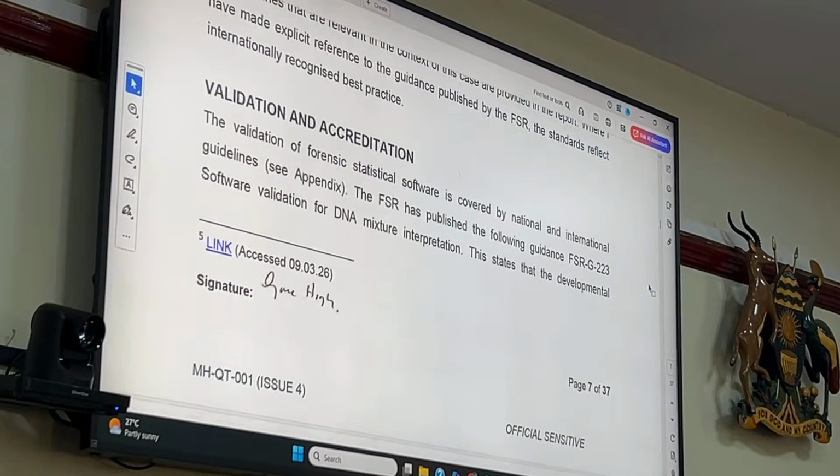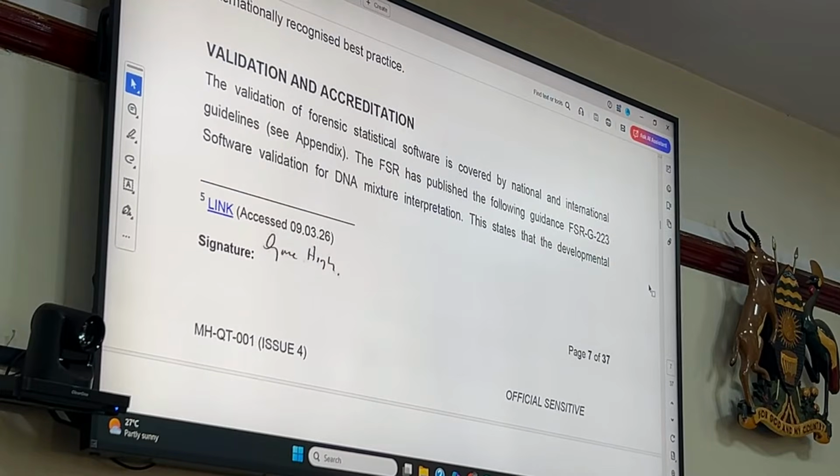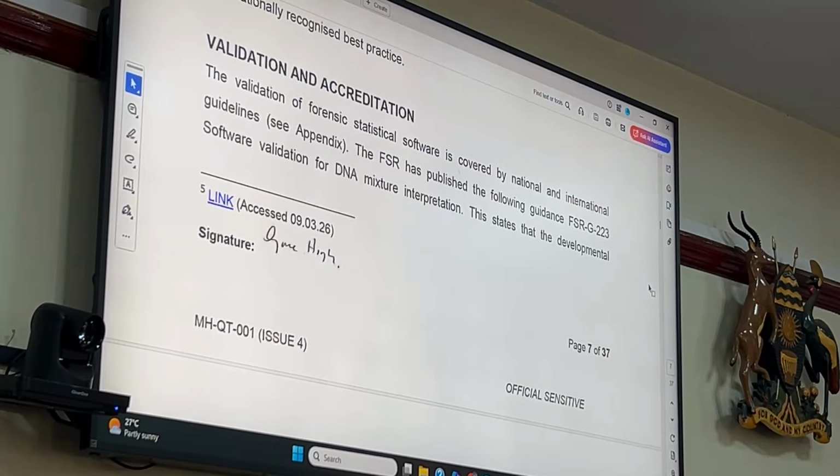Yes. There are multiple softwares available to forensic laboratories for the interpretation of mixtures. There are different systems. There's software known as open source, which means it is open on the internet for anybody to download. That is free software that you can download from the internet.